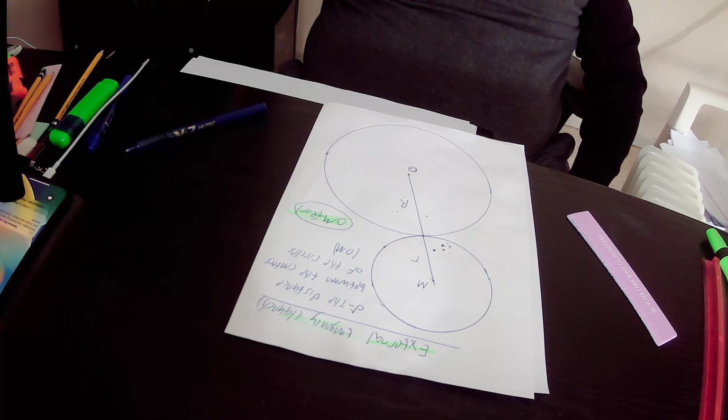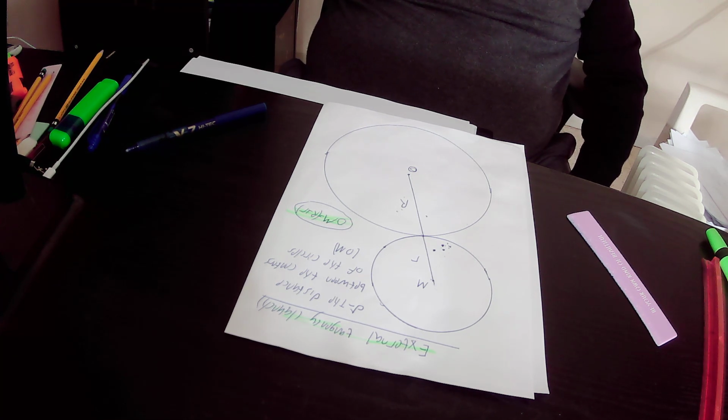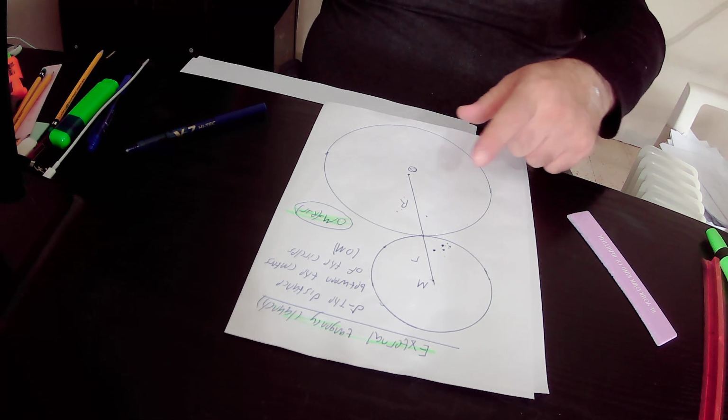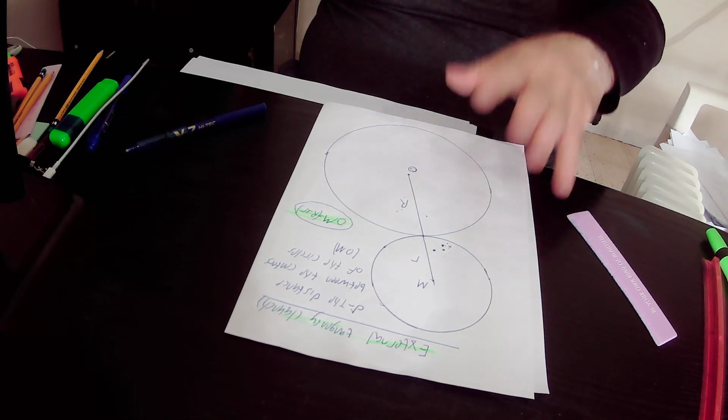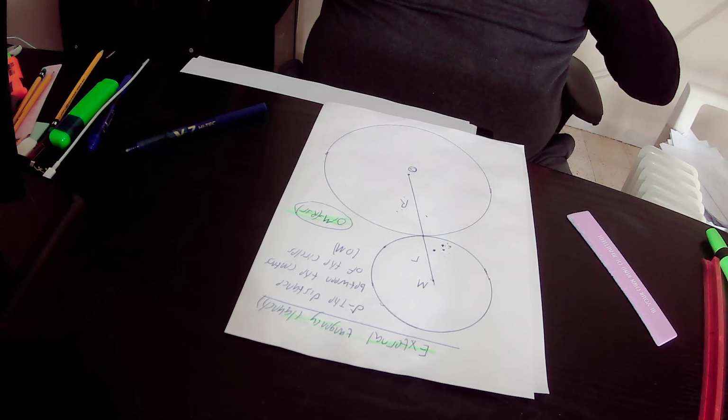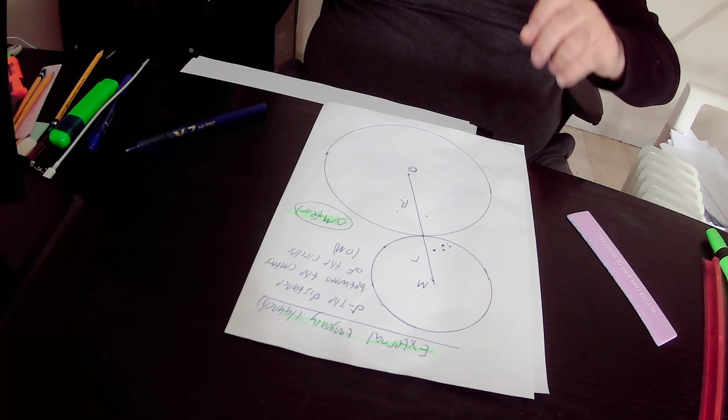So whenever there is an external tangency between two circles, the distance between their centers will be equal to the sum of the lengths of their radii. In this case, it is capital R plus small r. So this is the external tangency, and we have another type of tangency between two circles.